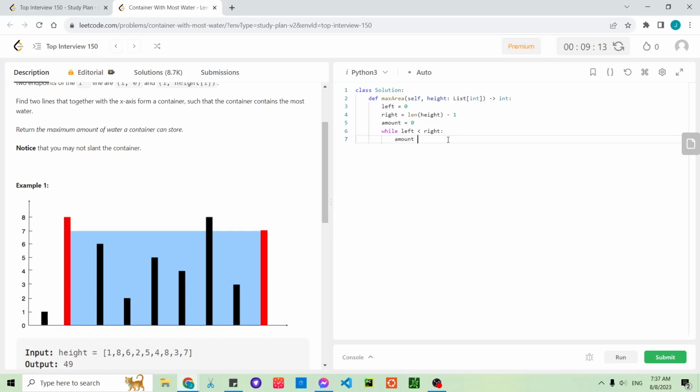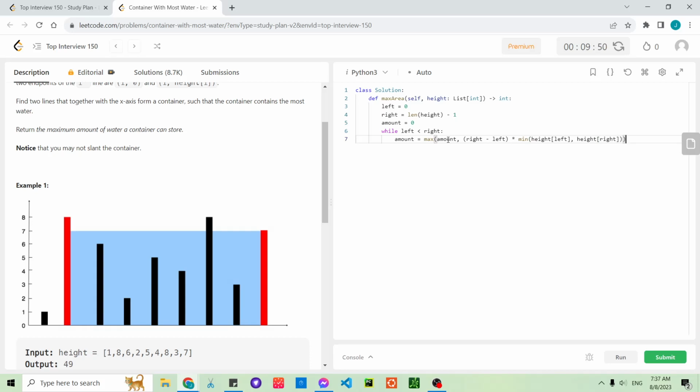Amount is right minus left times the minimum of left and right value.